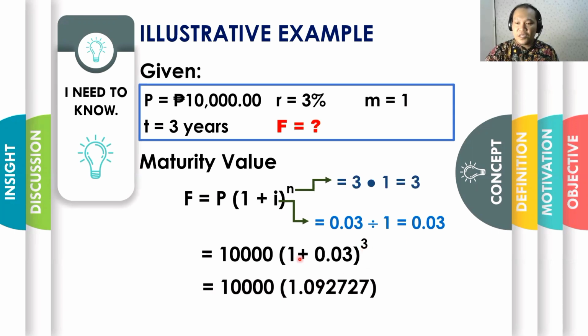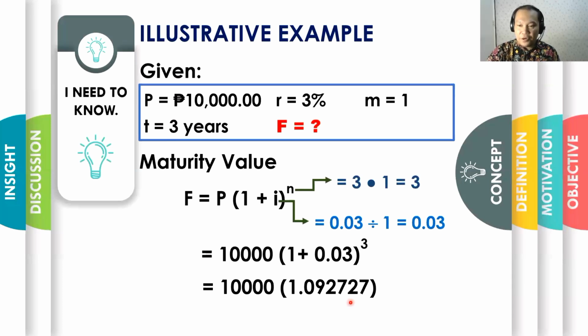Then, we are going to get the sum. We have 1 plus 0.03, that will become 1.03. Then get the cube of 1.03. And the answer will be 1.092727. Okay?